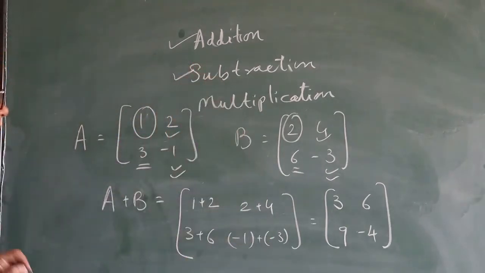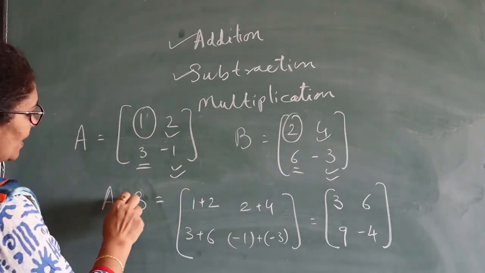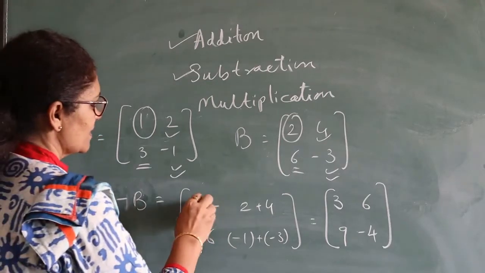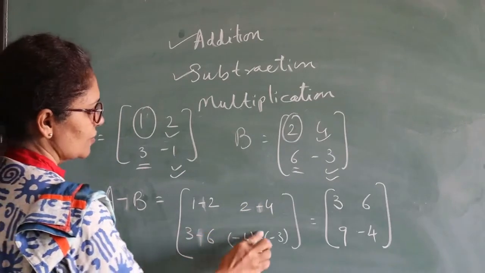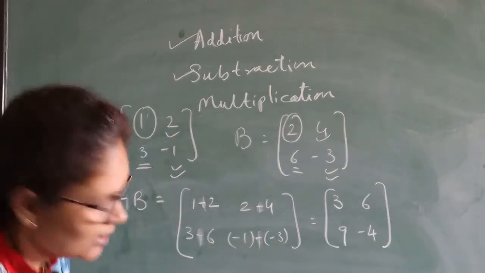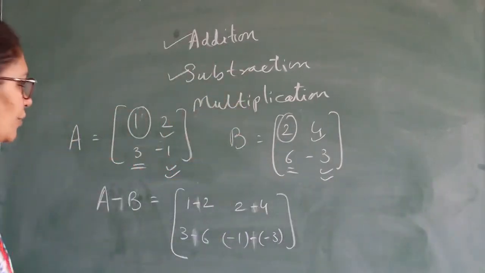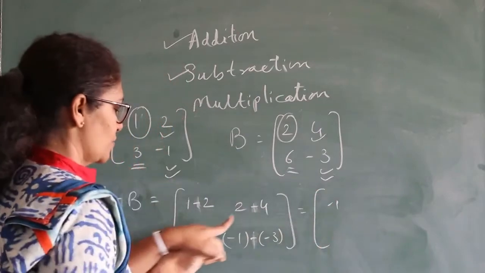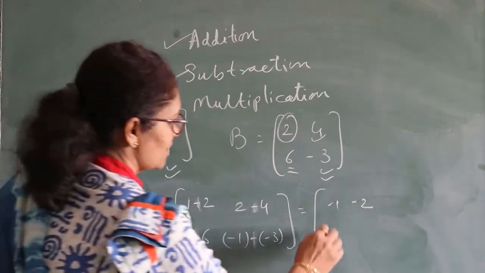Now let's see the same example with subtraction of two matrices. Same way, only one change: we make a subtraction sign. So what is our change? Here the minus sign, and the sign will be changed here, here, and here also. In subtraction you have to remember: 1 minus 2 is easy, -1. 2 minus 4 is -2. 3 minus 6 is -3.